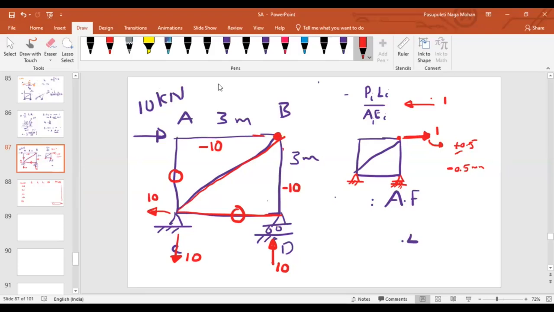At this joint, left side is 10, here it is 10, and if I assume some magnitude here, let us say F_BC, and this angle is, let us say, 45 degrees, how much will it be? F_BC sin 45 degrees. How much will it be? 10 root 2.